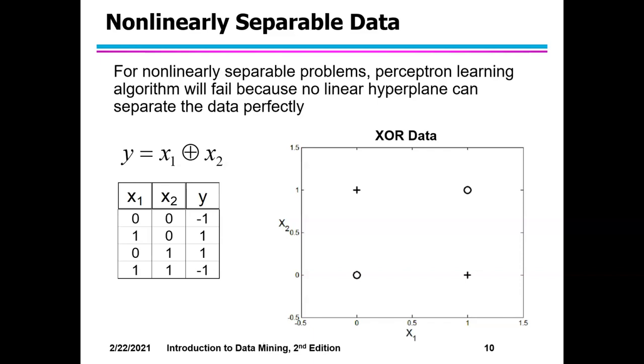If you look at the XOR operation over here, XOR means exclusive OR. If either x1 or x2 is 1, the output will be 1, right?